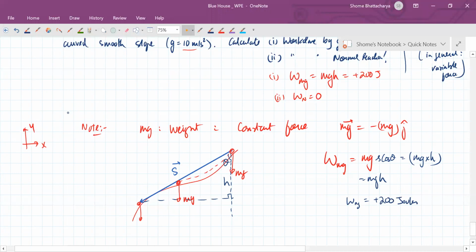Okay, so this is how we do the first part, the calculation of work done by gravity.